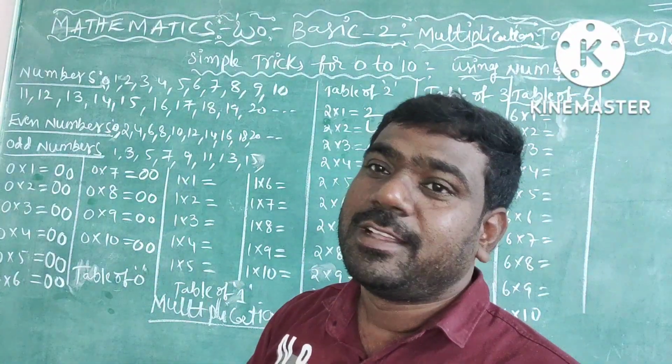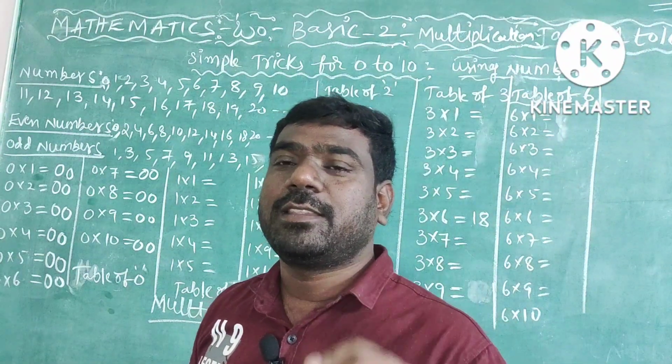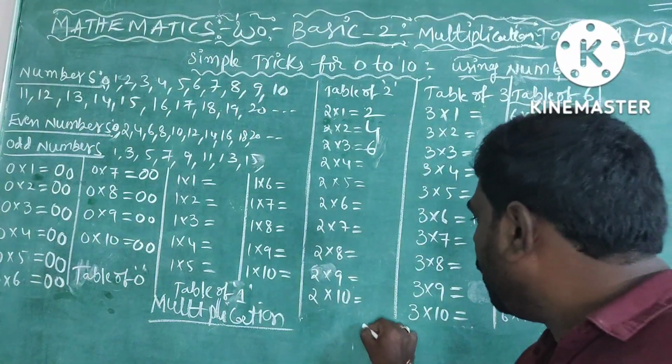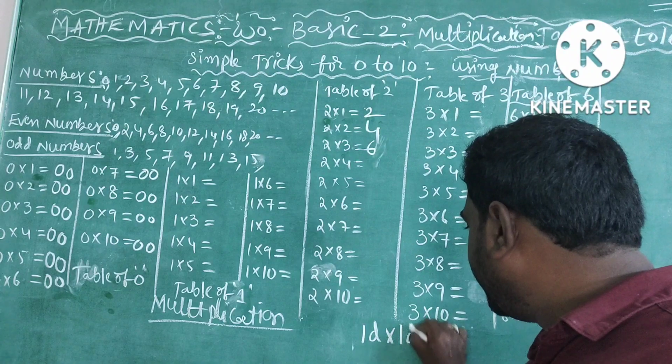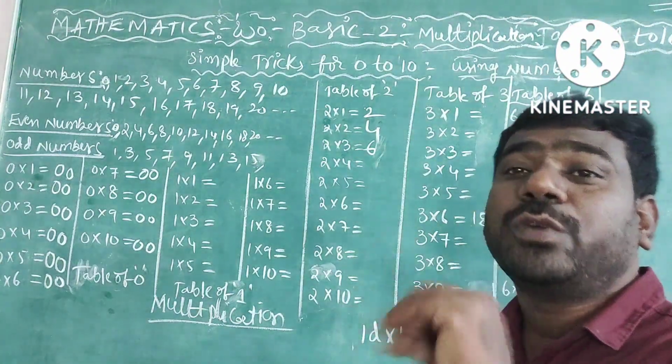Otherwise no. See, in multiplication we have some procedure. What is the meaning of procedure? If one digit is multiplied with another digit, the answer should be represented in 2 digits.